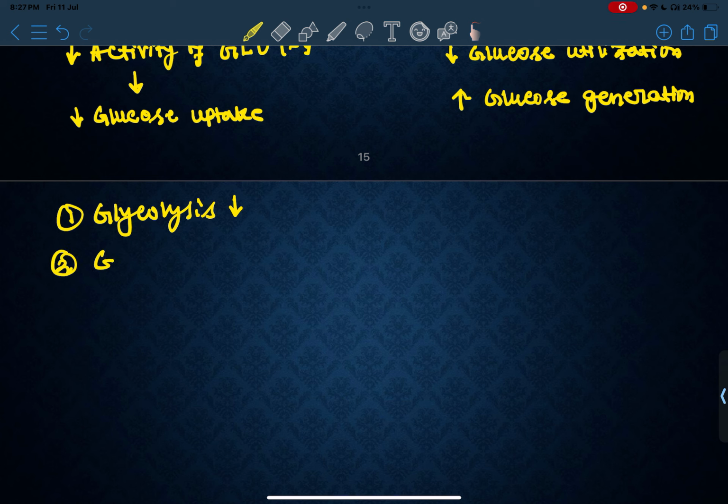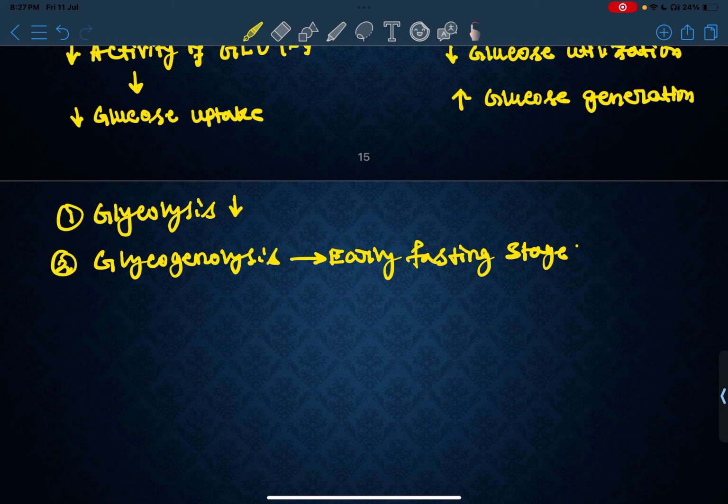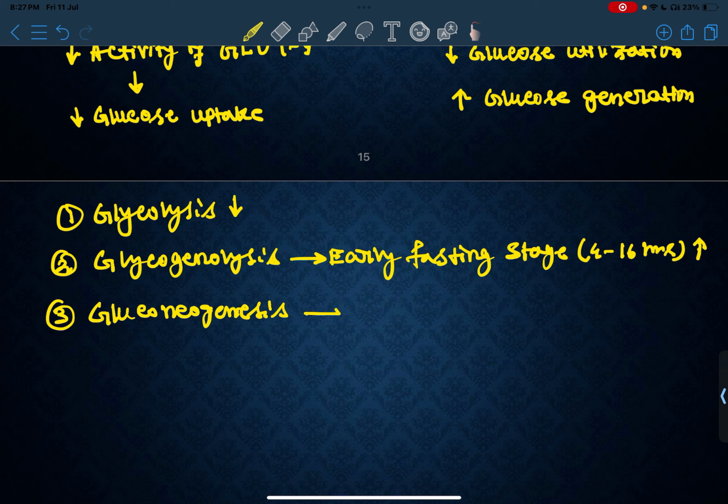Second is glycogenolysis, which in the early fasting stage, that is 4 to 16 hours, is increasing. Thirdly, gluconeogenesis is increasing in the fasting stage, that is 16 to 18 hours.